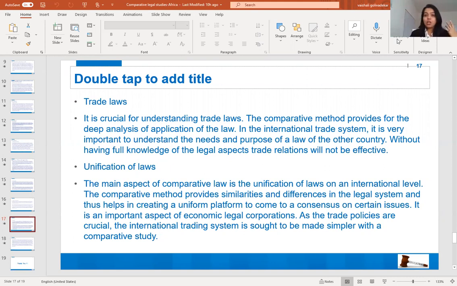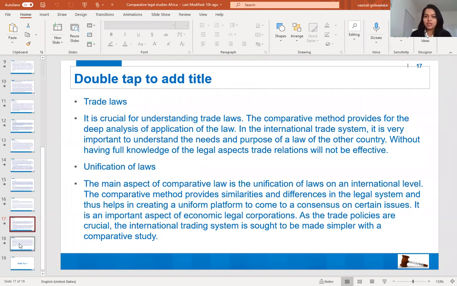Then homosexuality, euthanasia, right? So these social issues, I won't say that these are problems, they are common in all societies, and sometimes study of comparative law can lead to unification of law, or merging the laws, or applying the same law in lots of countries when the issue is the same.